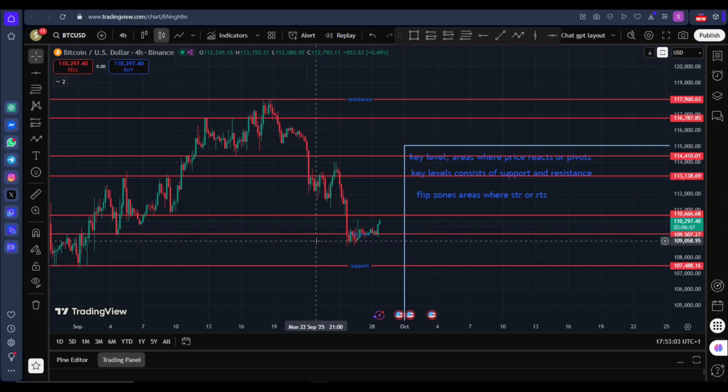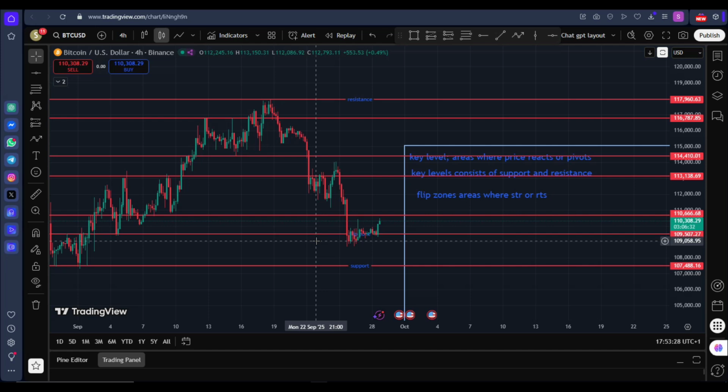So don't ever expect that it's just a single particular line. You understand? Then you use it in combinations. Don't ever use this as a standalone. Use it in combination with an actual strategy or other confluences before you enter.